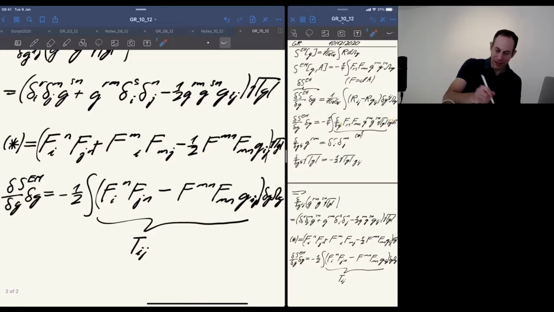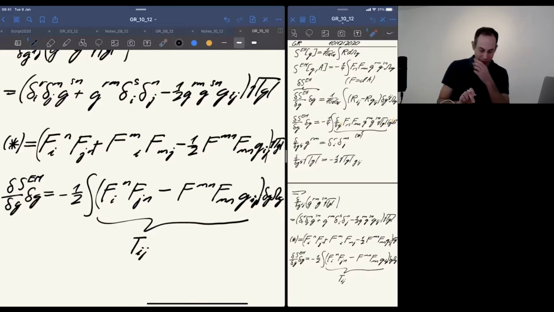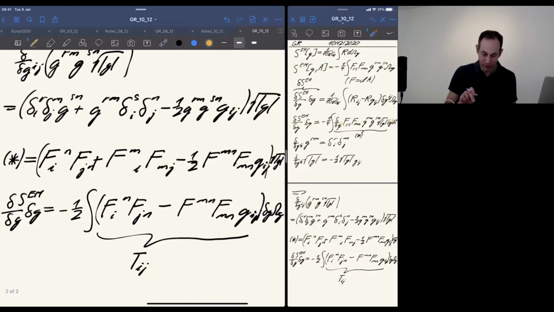So let's see. I need to somehow identify where I lost the 1/4. Aha. Okay, I think I made this here wrong. So here I already had the 1/2.